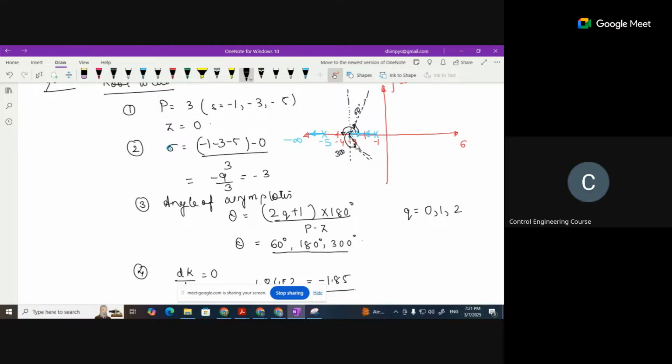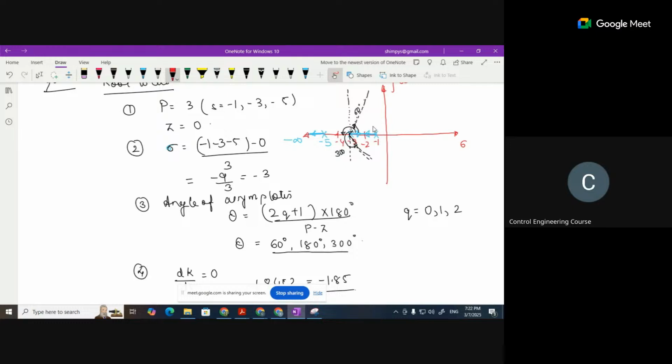And my root locus is breaking away from a point of minus 1.85, means somewhere between minus 1 and minus 2, near to this.